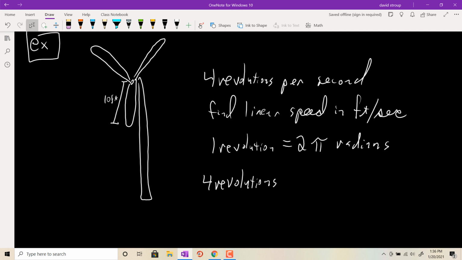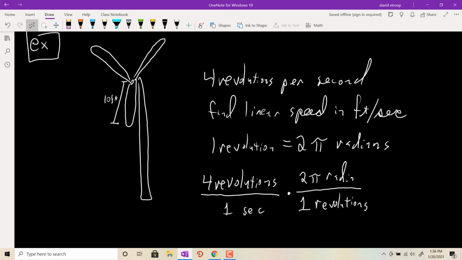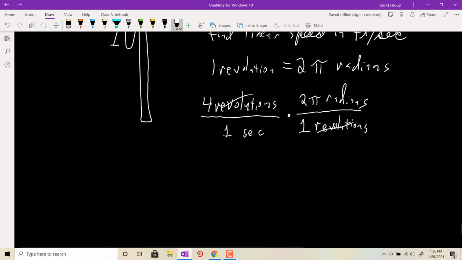If we have 4 revolutions per 1 second, we can make a conversion factor where we cancel out the revolutions part and leave it in radians per second. There's 1 revolution and 2 pi radians. The revolutions cancel out, and so the windmill is going 8 pi radians per second.